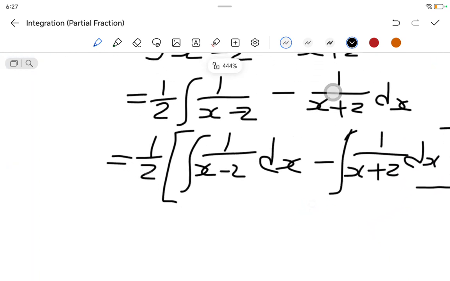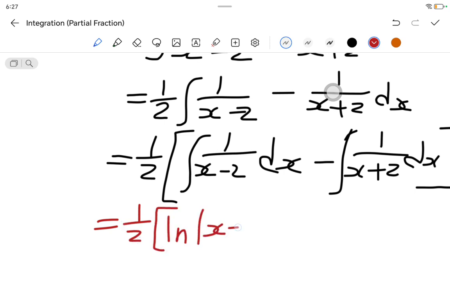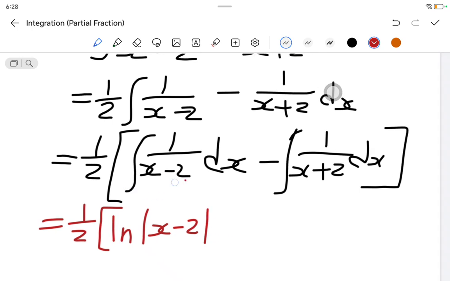So remember I said that as long as when you take this and derive it you get 1, it means that you can easily say this is equal to ln of x minus 2. As long as when you derive this, you get 1 in the numerator. You see, right? Also, when I derive this, I get 1, so I can easily say the ln of x plus 2.